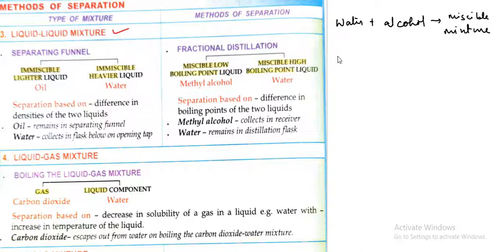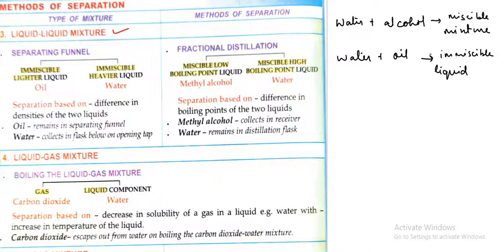But if you take water plus oil, they do not mix, so it is called an immiscible liquid. Immiscible liquid means liquids which do not mix with each other, and miscible liquids are liquids which mix with each other.